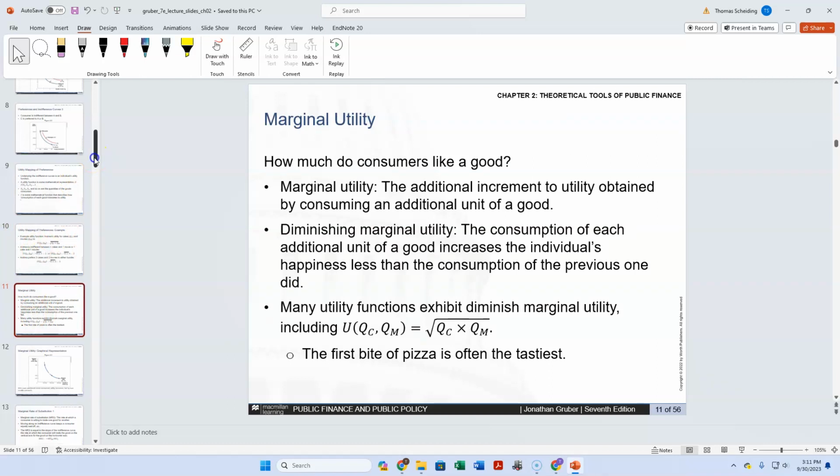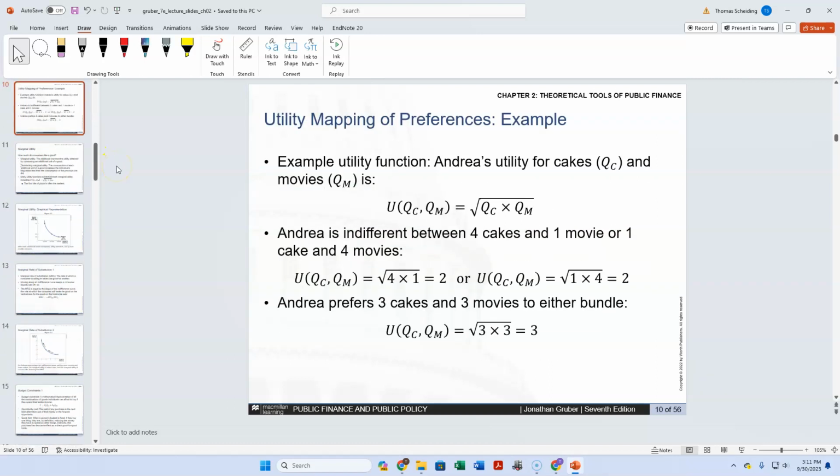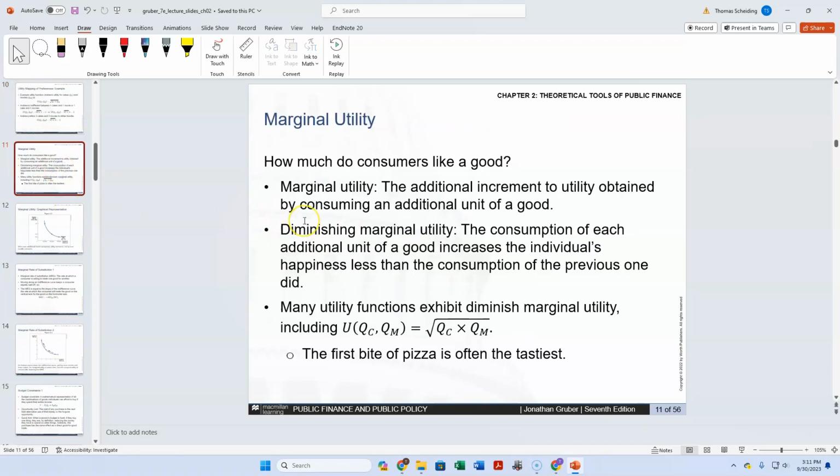And as we build from that, as I said, the diminishing marginal utility becomes an important point here because it does create our downward sloping indifference curve.